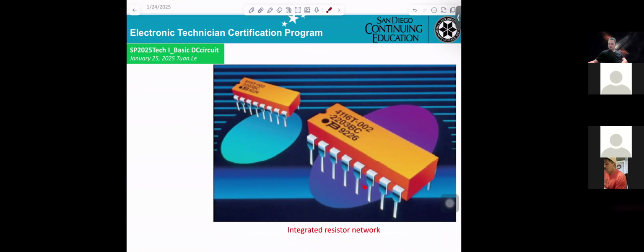Put everything inside here. Why do they need that one? The reason is they really want to save room on the circuit board. So they don't want to put 8 resistors that take up more room. They can put everything inside one part here, and they can save a lot of room. That is the reason. Okay?